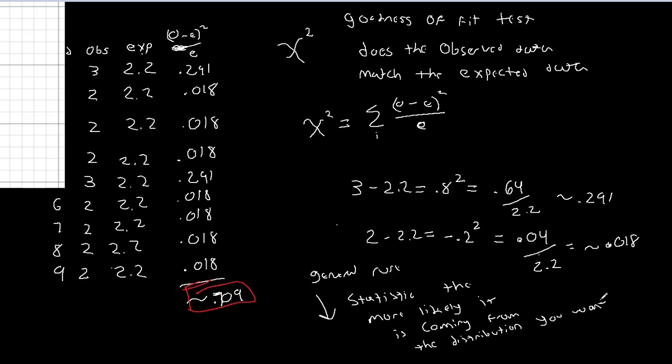Or put another way, the lower this statistic is, the more likely that your observed data matches your expected data. And that kind of makes sense, right?